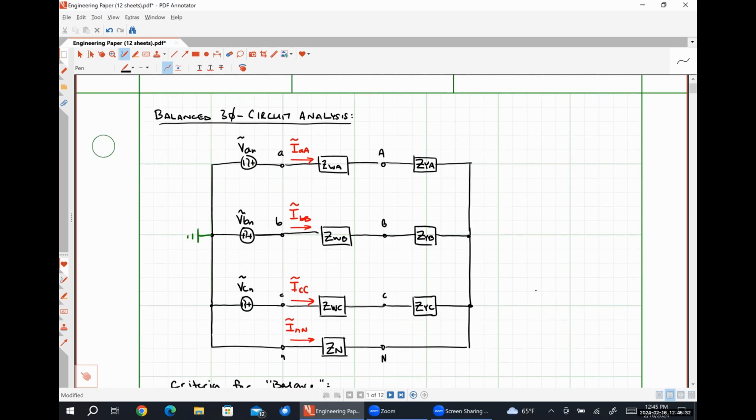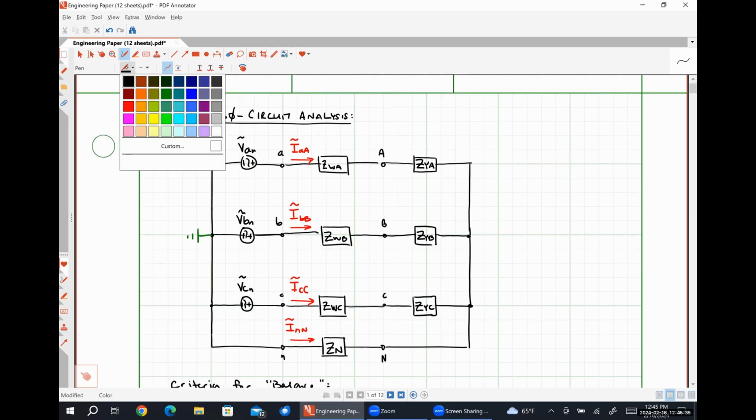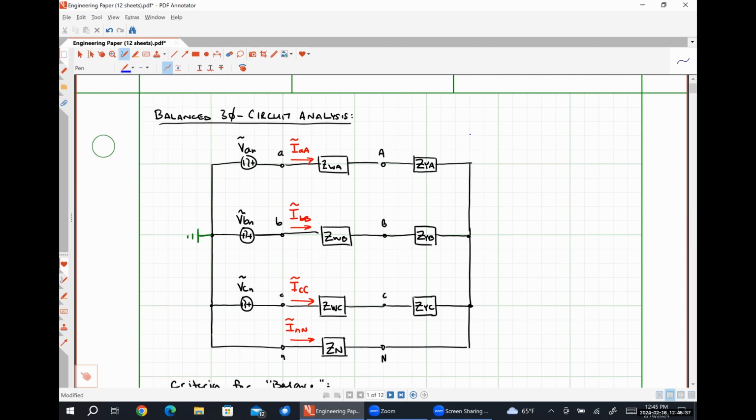So the voltage VNN would be the potential difference between the rightmost node and the leftmost node, like so.